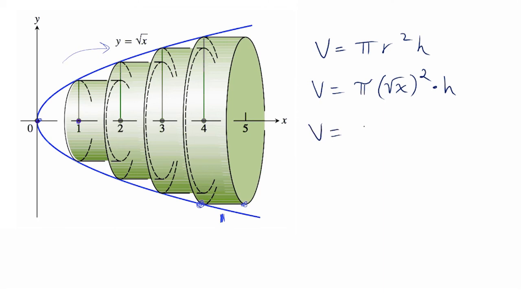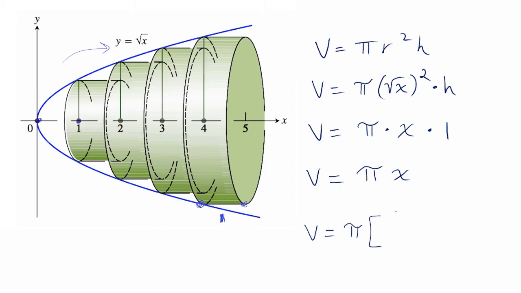So one last simplification, volume would equal pi times the square root of x squared, which is just x, times h, or delta x, which in this case is 1. So we will use volume equals pi times x. And now we'll use all left endpoints. So our volume will equal pi times, and remember, we're adding up the volume of each cylinder.